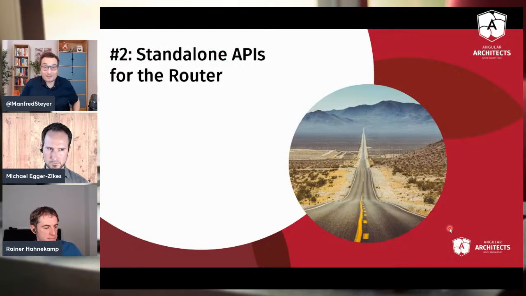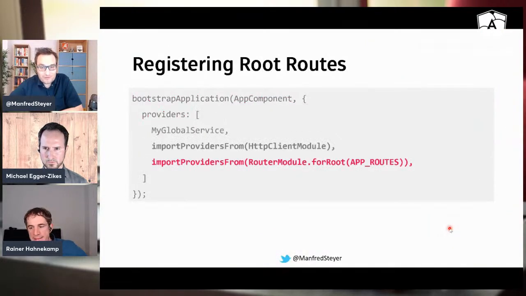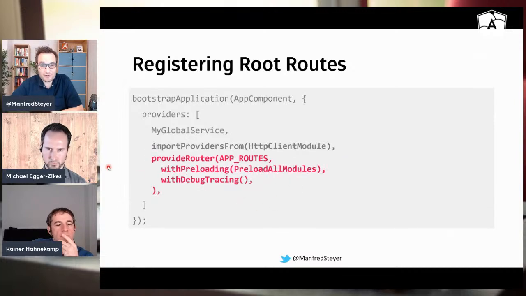Okay, now let's talk about standalone APIs. Let's get started with the router. When it comes to the router, we could, in theory, bridge over with the bridging function importProvidersFrom to the router module. However, meanwhile, we have this provideRouter function. And here we are passing in the root routes.